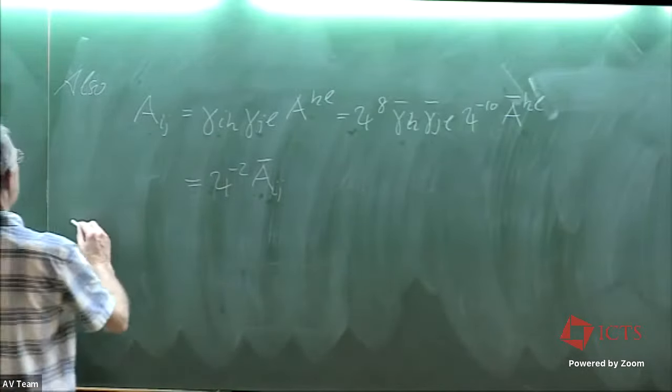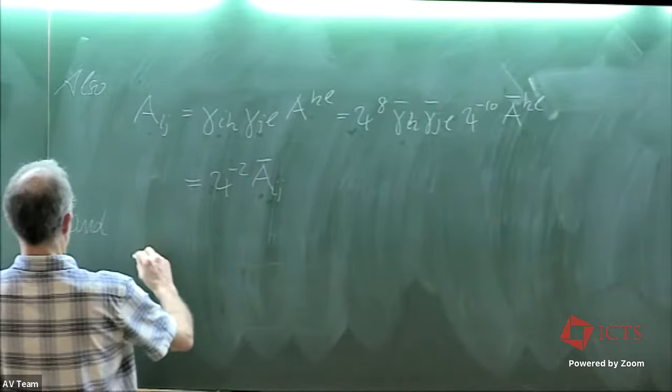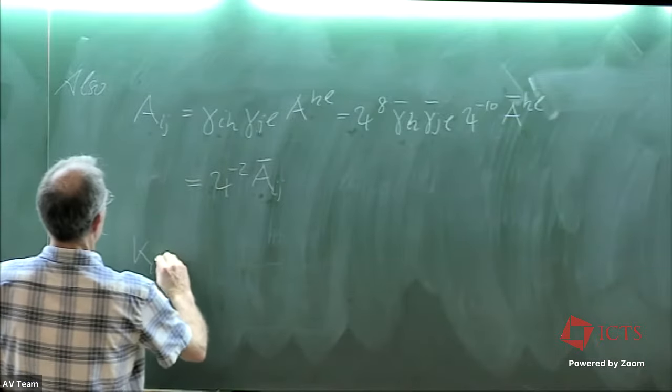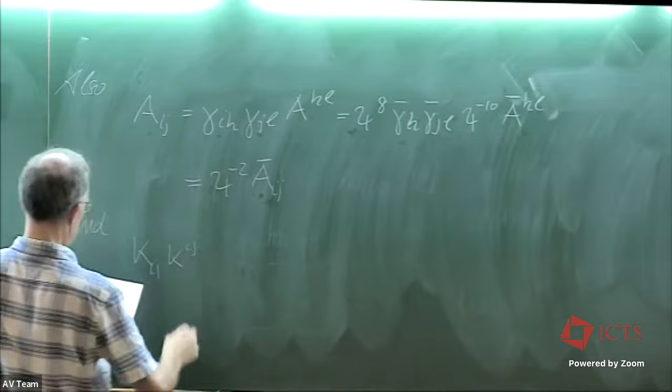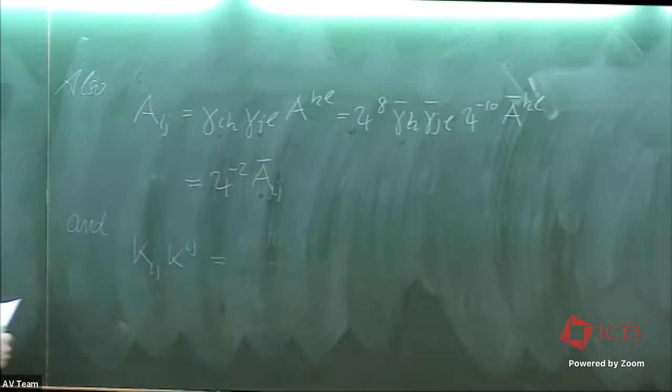Okay, so now we see that basically lower indices transform like this. And then we can look at this contraction of the extrinsic curvature K_ij K^ij. We can insert first this decomposition into traceless part and the trace. Then we insert the conformal rescaling for both A and gamma. And if you do this, you can check for yourself.